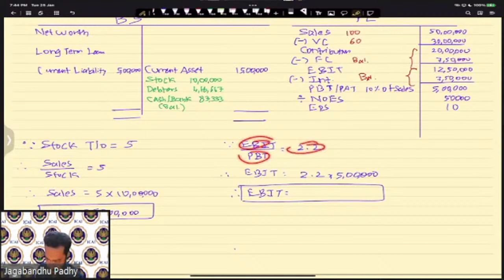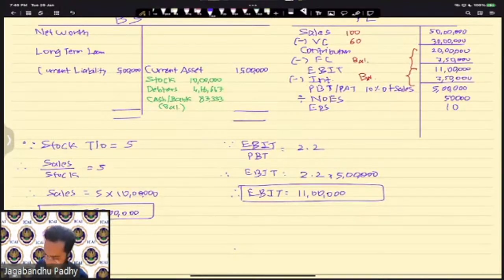EBIT upon PBT is 2.2, so this will be 11 lakh. Correct this. Oh, lot of errors. If EBIT is 11 lakh, then we will need to revise these figures also. Interest means 6 lakh. Fixed cost will be 9 lakh.